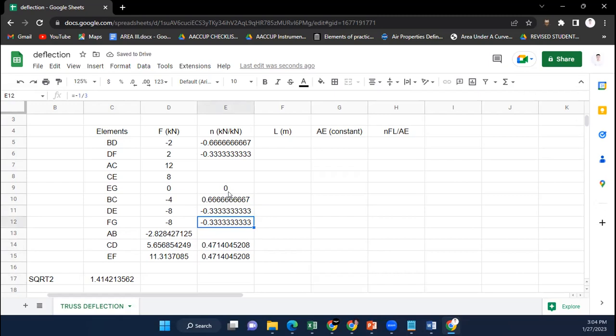Then CE na 1 over 3. Okay, so AC is 2 over 3. And your AB na, that is negative 2, right? Negative 2 times square root of 2 over 3.